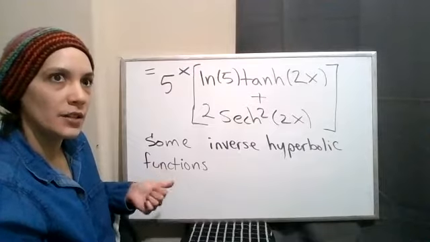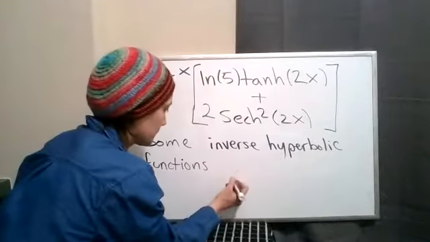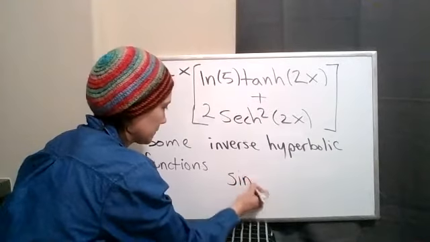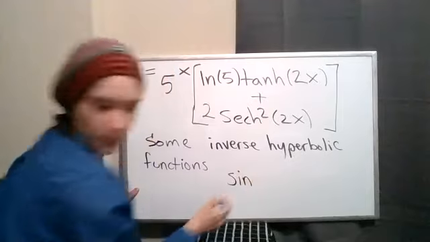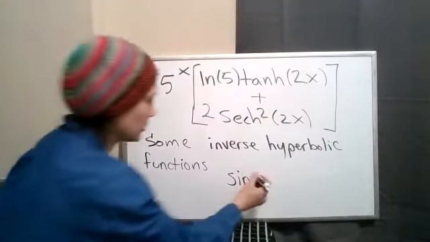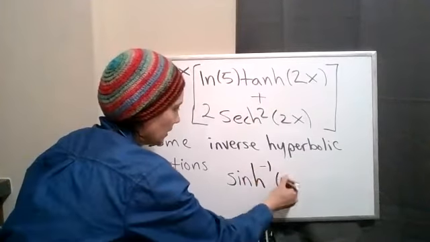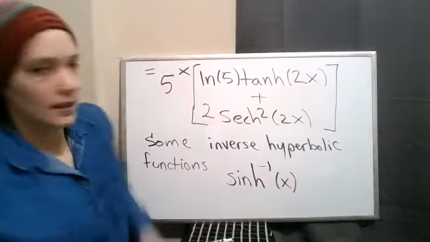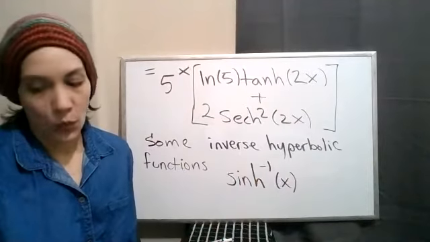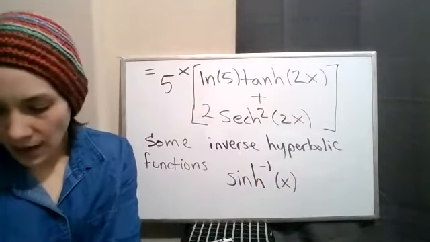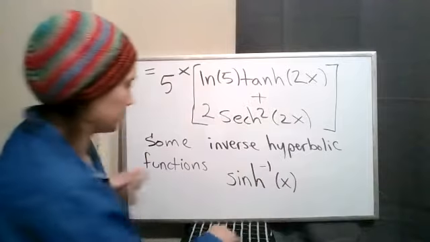Inverse of sinh of x. Sinh inverse of x is equal to 1 over the root of x squared plus 1.